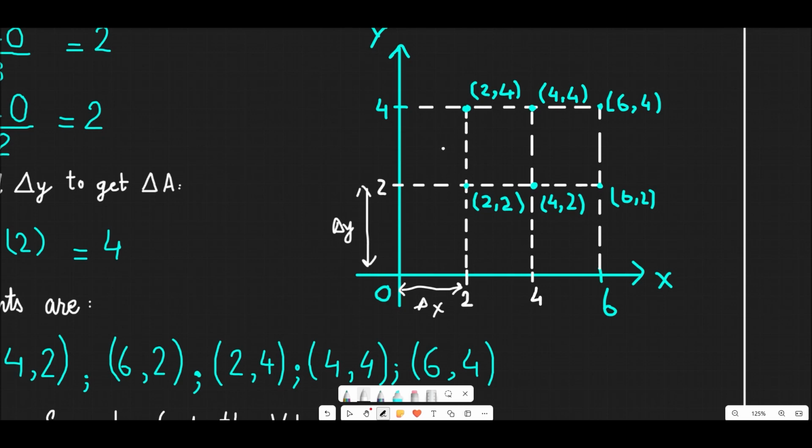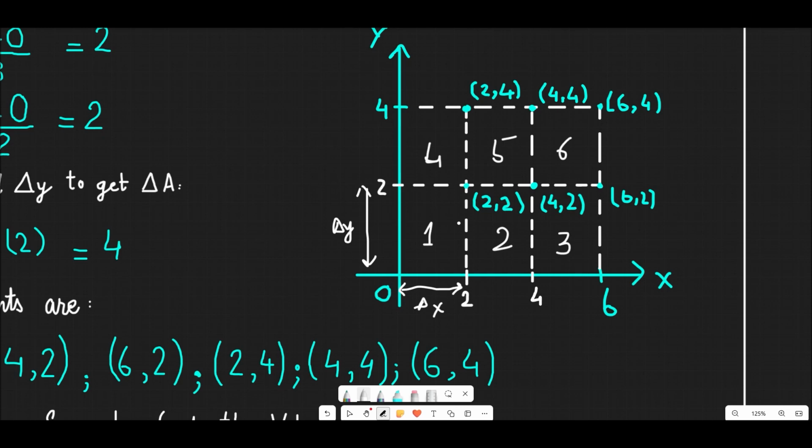Now we have a total of 6 squares: 1, 2, 3, 4, 5, and 6. And the problem specifies that we must use the upper right corner point of each subrectangle as our sample points.